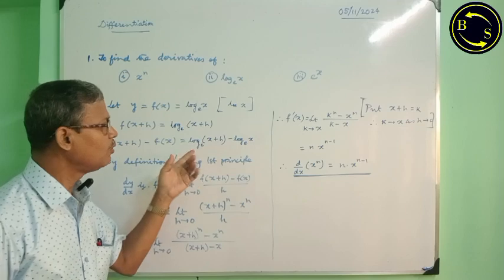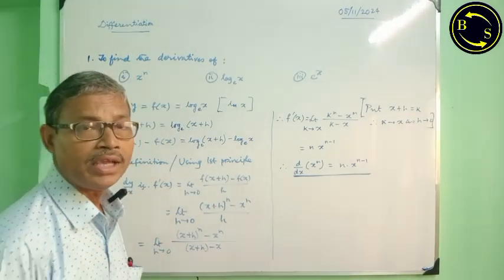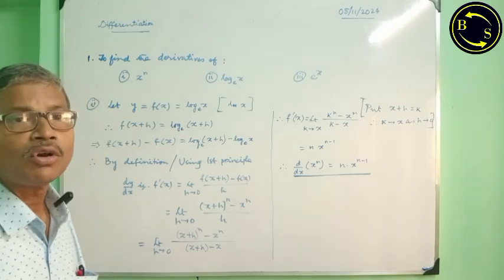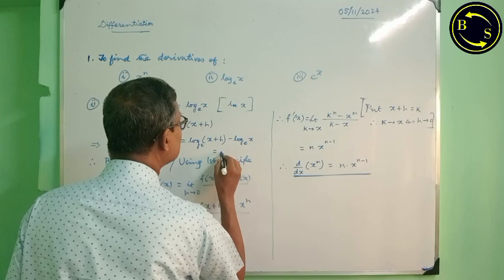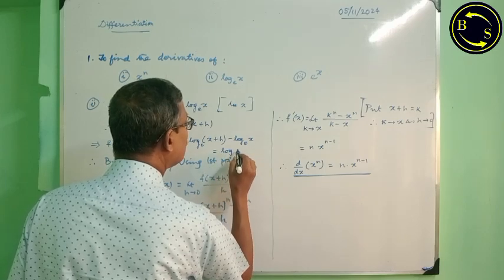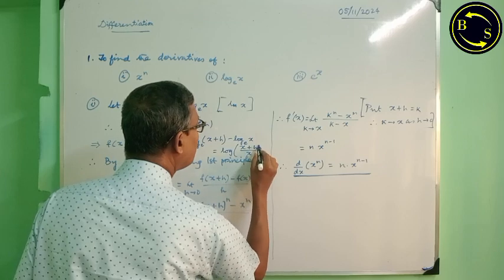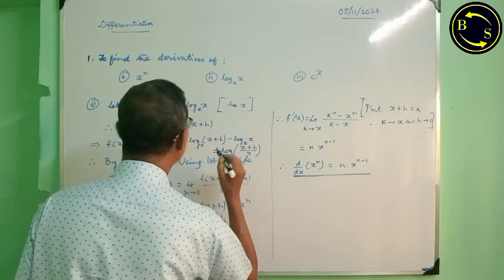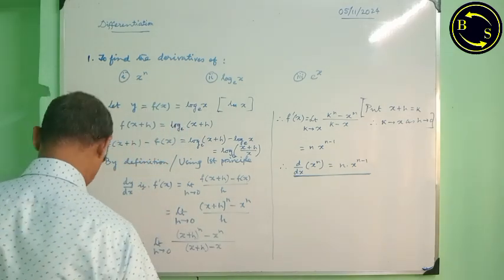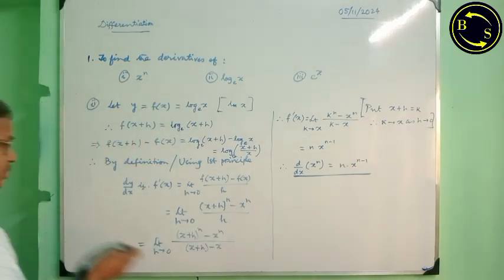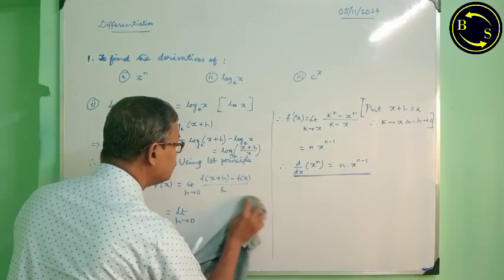Now, as per the formula of logarithm, log a minus log b, that is equal to log of a by b. Therefore, this can be written as log, base is e. Now, I am to change this.